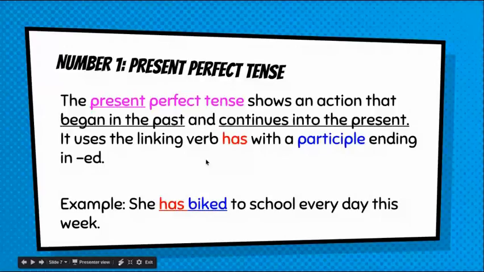So if you can kind of think of it as math, you're really just adding a verb has with a participle, which is another verb form. She has biked to school every day this week. Now, the most important thing to remember is has is the present tense form of the word have. Keep that in mind.